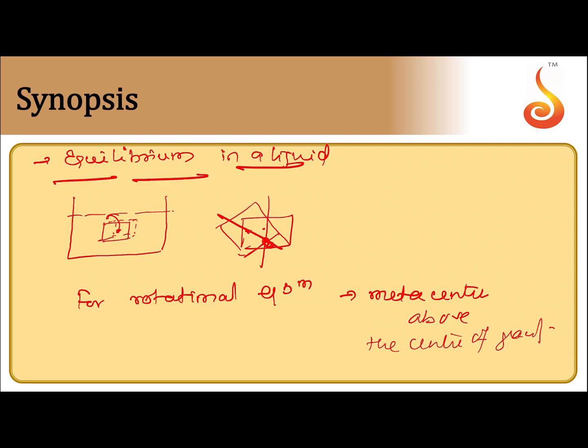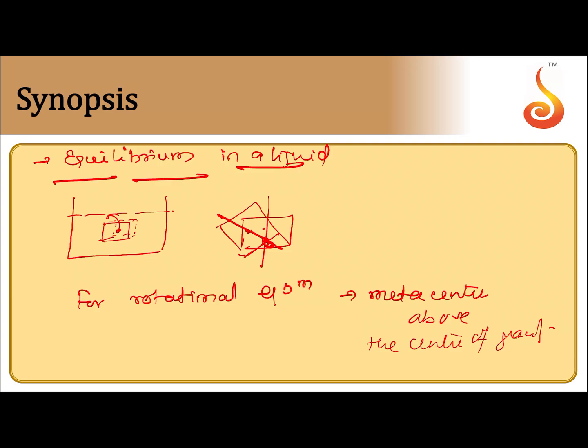That means if the metacenter goes below the center of gravity, the couple formed due to the weight and the upthrust tends to topple the given object. So remember how to represent this idea, that is the idea of the rotational equilibrium of a given object. Rotational equilibrium is possible only when this condition is met.